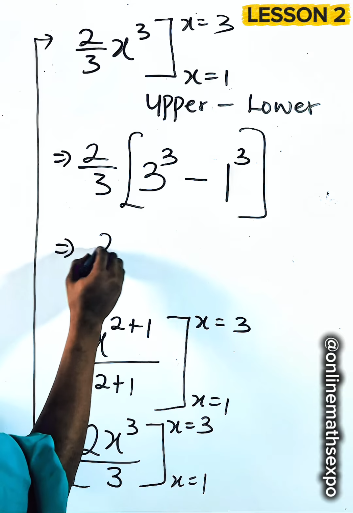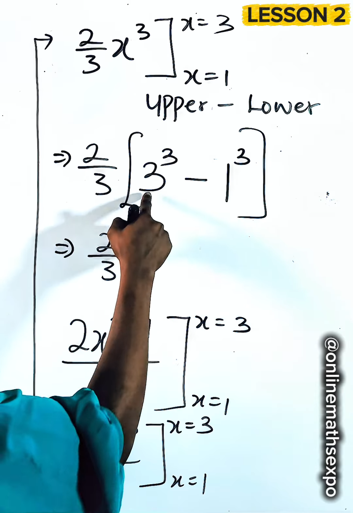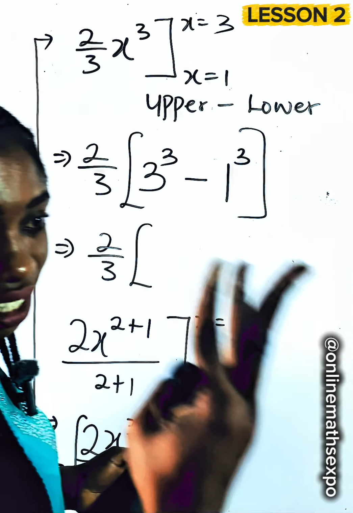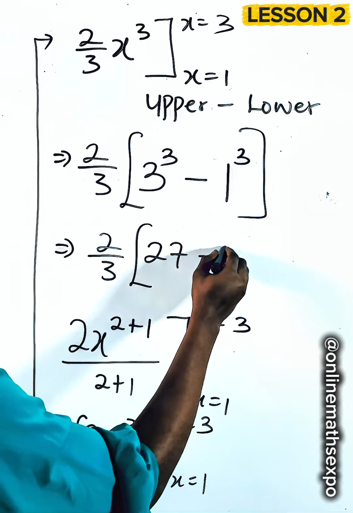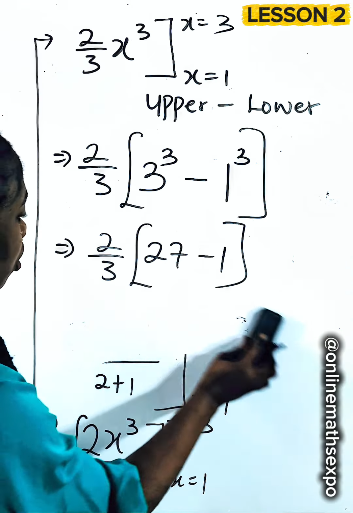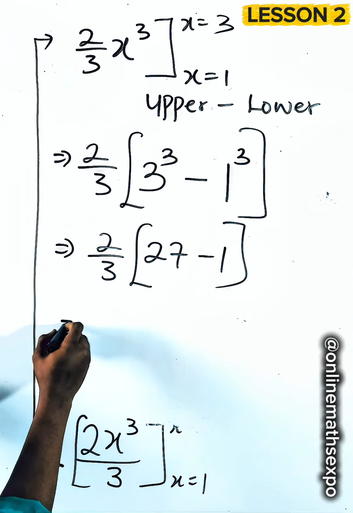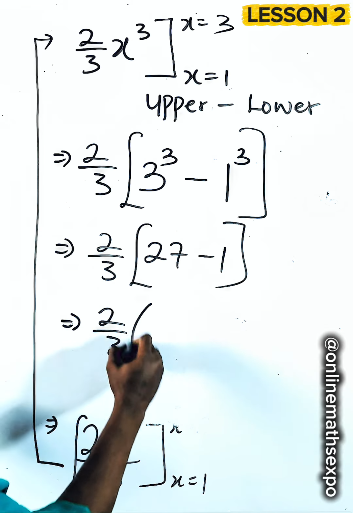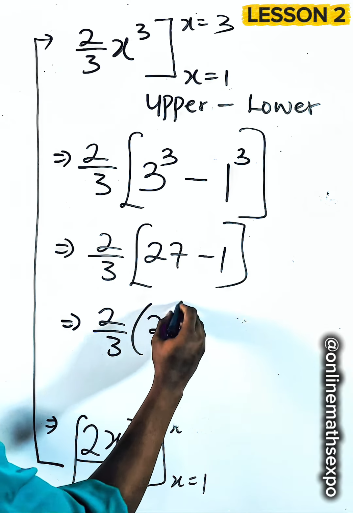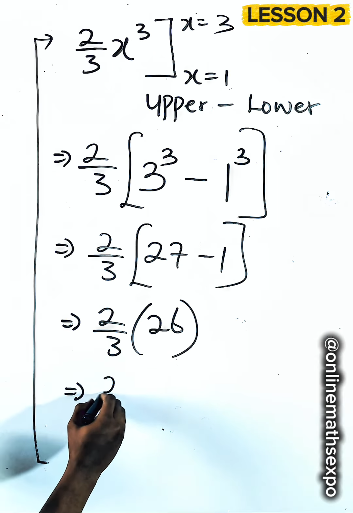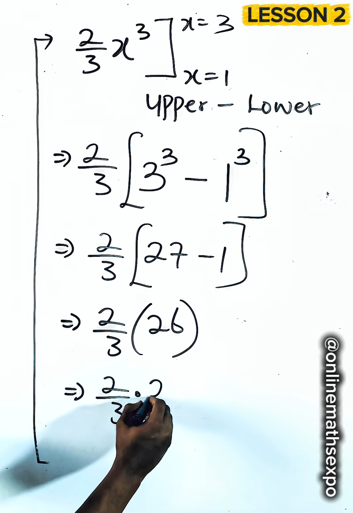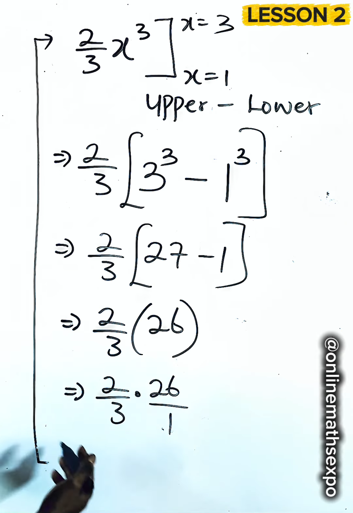So simplify, you have 2/3 into 3 cubed, which is 3 multiplied 3 times to give us 27. 1 cubed is 1. So if you subtract this, it gives us 26. And if you simplify this, it is the same as 2/3 multiplied by 26 on 1.